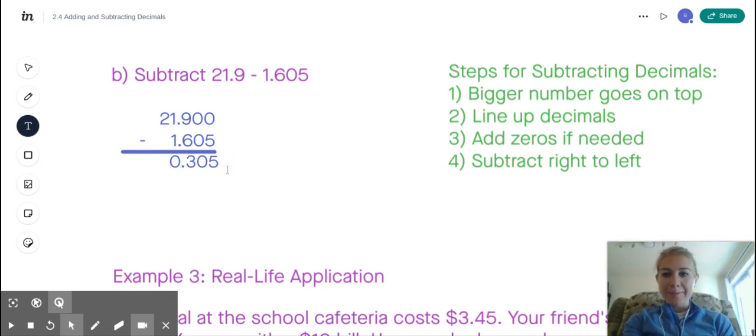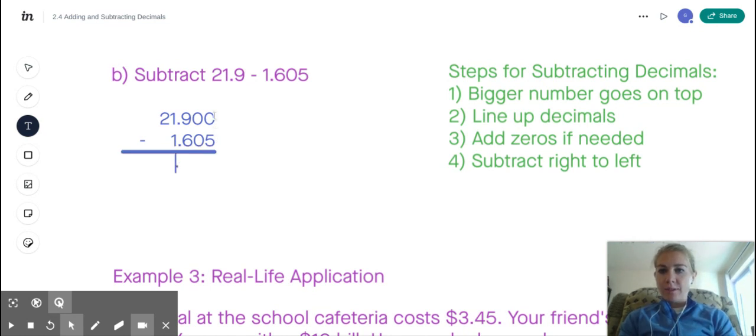Sorry, I'm just trying to keep my decimal lined up there. It's a little more difficult when you're typing. And then 2 minus nothing would be 2. Oh, I see what I did. I messed up. Did you see my error?